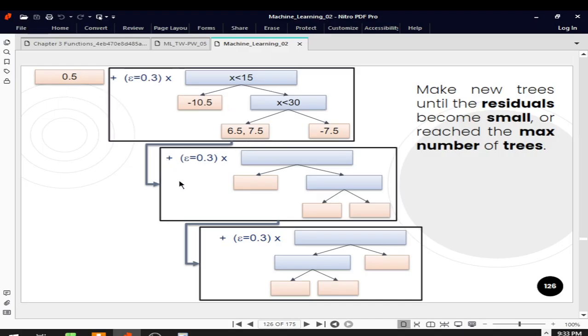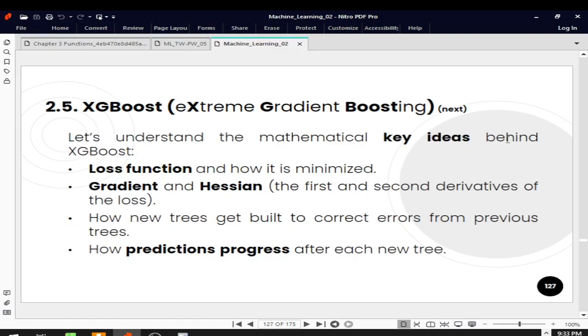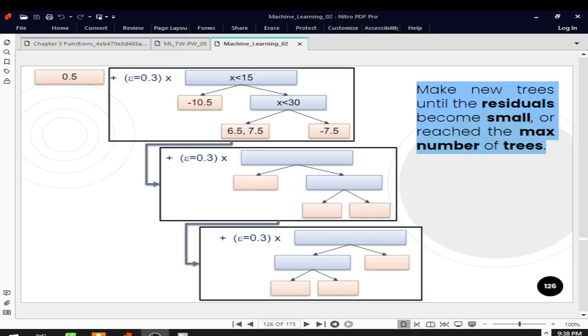So this was the first. Now we inject these into the new tree, then we keep doing the same, making new trees until the residuals become small or we reach the maximum number of trees. So as I said, we will keep creating trees and we stop here.